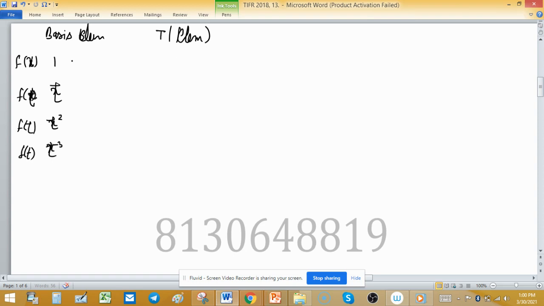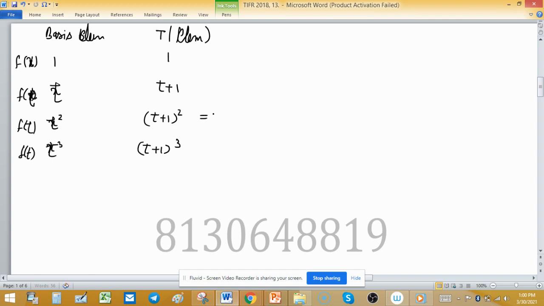So T sends 1 to 1, since in the parameter t exceeds by 1 it is the same, t goes to t plus 1, t square goes to t plus 1 whole square, and t cube goes to t plus 1 cube.